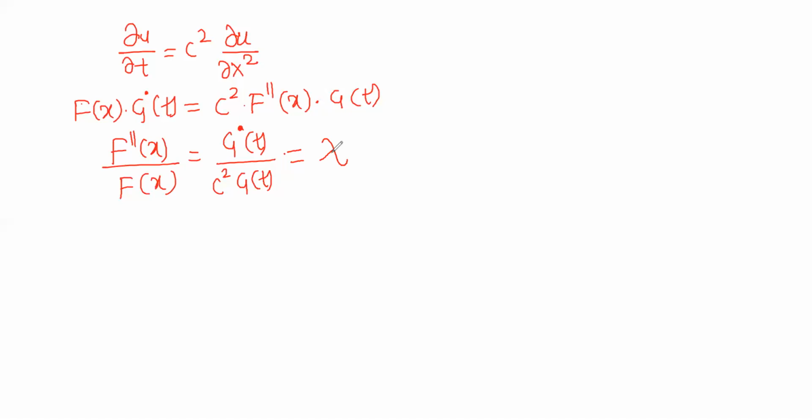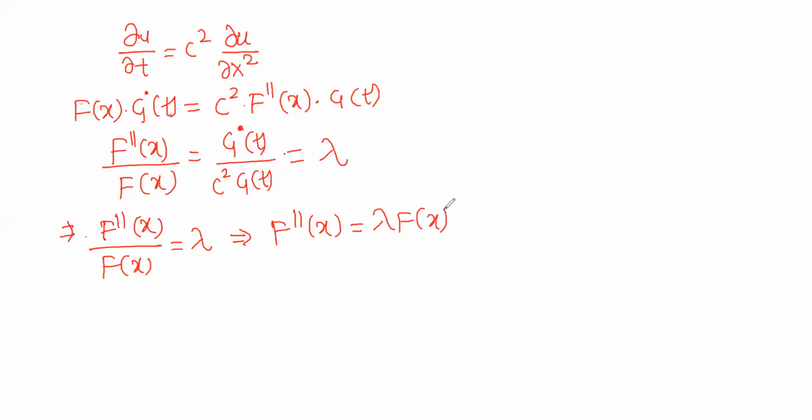So this implies f double dash x upon f of x equal to lambda. So this gives f double dash x equal to lambda f of x, that is, f double dash x minus lambda f of x equal to 0.